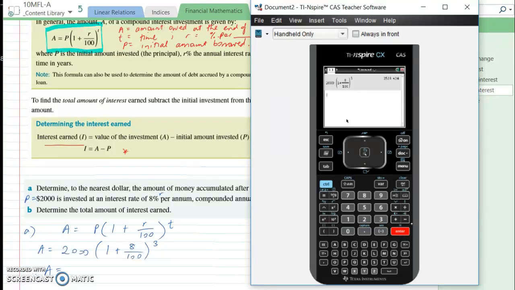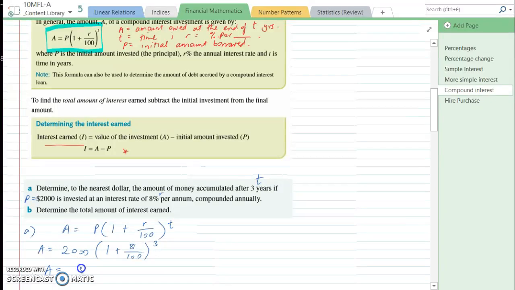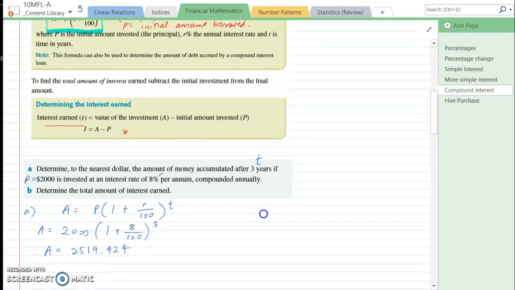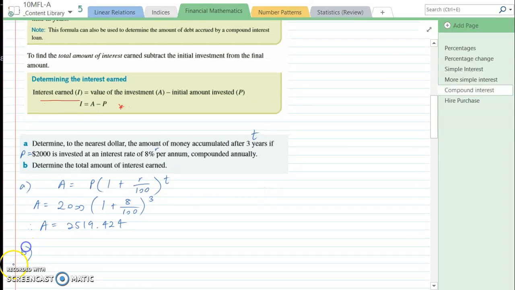That gives us 2519.424. Now for B, so I invested $2,000 for 3 years at 8% per annum. By the end of the 3 years, you have $2,519.424. The answer has asked for the nearest dollar, so we put 2519.